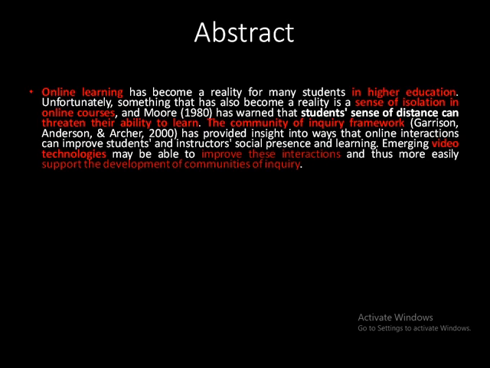So the students will suffer from isolation. The students will be lonely because they cannot meet face-to-face with their friends, with their teacher, etc. And then he also wants to tell us that this condition threatens the ability to learn.